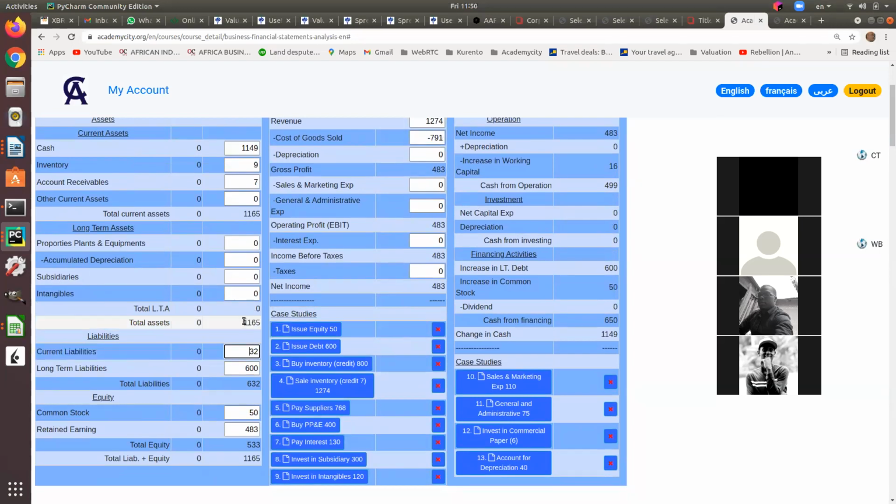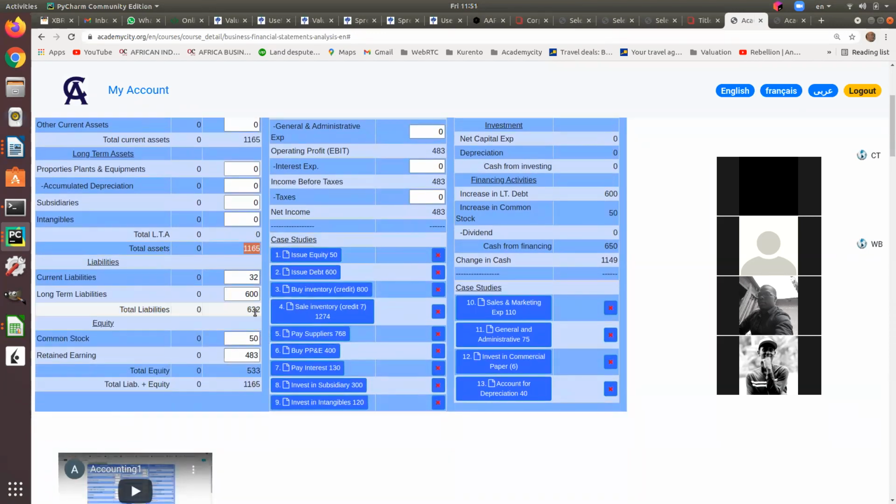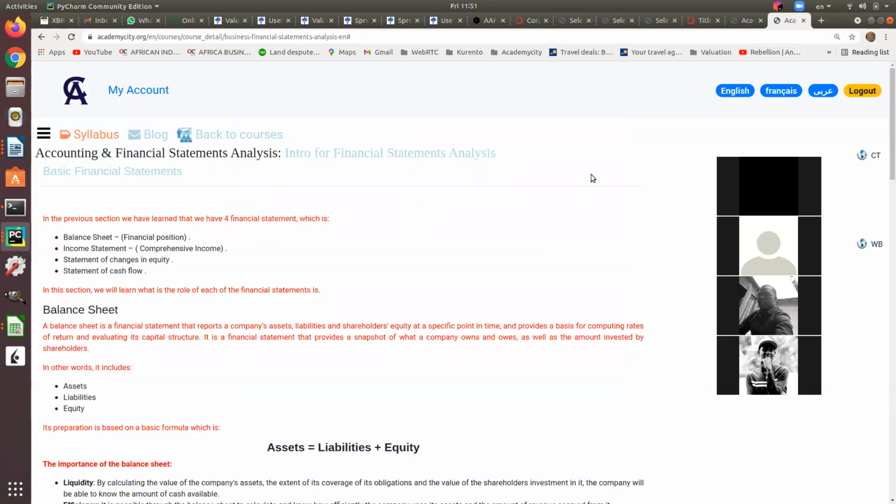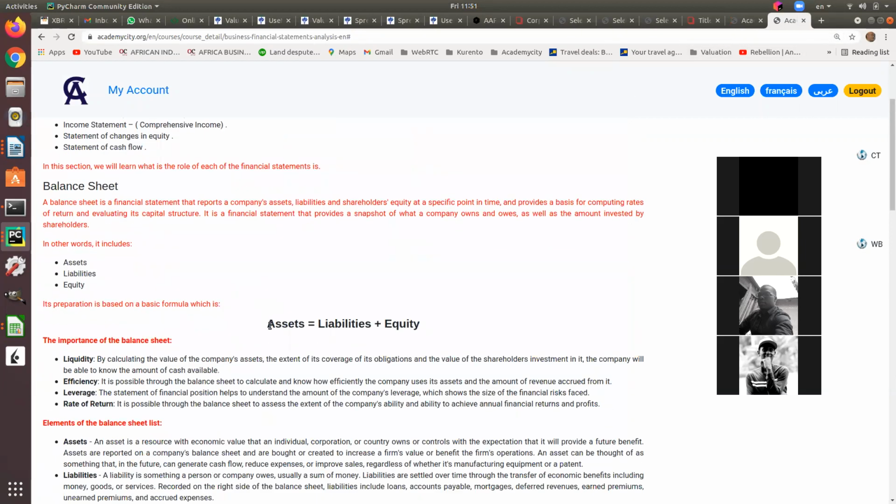Must balance. Total assets, 1165. Total equity plus loan, it's 1168. Also, paying suppliers has effect only on the balance sheet and the balance between assets equal to liabilities plus equity still holds as we have it in the equation here. Assets always equal liabilities plus equity, and we see that this holds also after our 5th transaction.